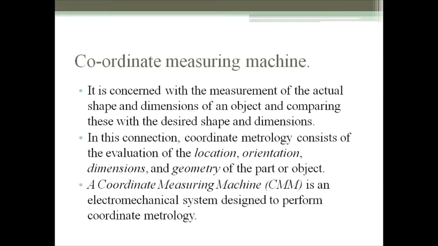But before that, as we have seen, a CMM consists of a moving probe or a part within a three-dimensional linear or polar coordinate system, and it accurately establishes and records the coordinate location of selected contact points between the probe and the part or its feature.